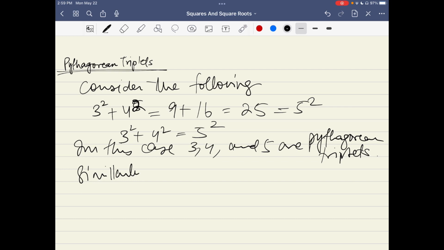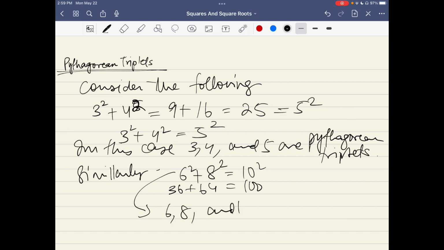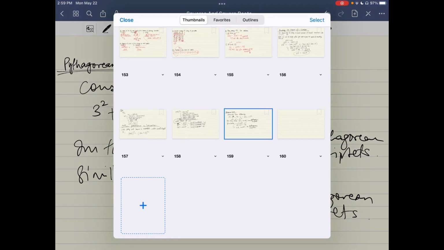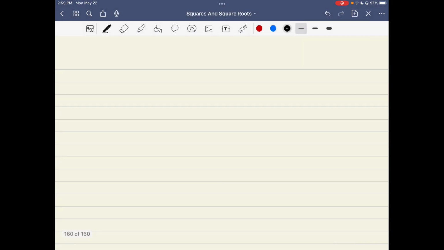Similarly, 6 squared plus 8 squared is what? It's 36 plus 64, which is 100, which is actually 10 squared, right? Similarly, 6, 8, and 10 are also Pythagorean triplets. Now let's try to generalize it. Let's try to generalize it for any natural number m, right?